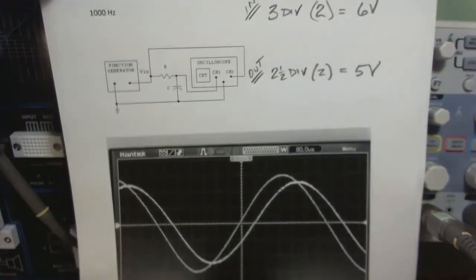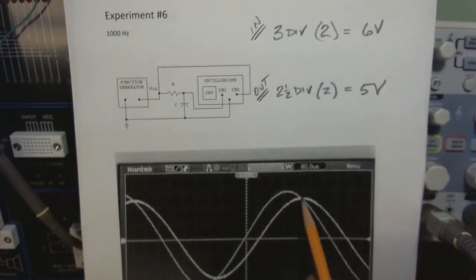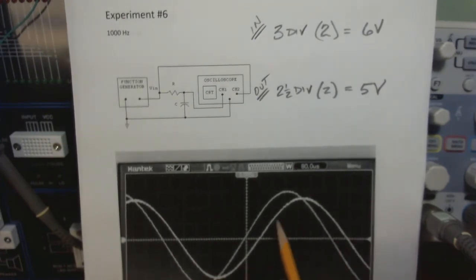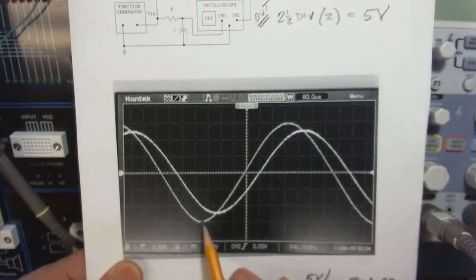Okay, so if I look at the larger input signal, that's this one. It should be 12 volts peak to peak. If I go from the lower peak to the upper peak, I want to find that vertical distance.